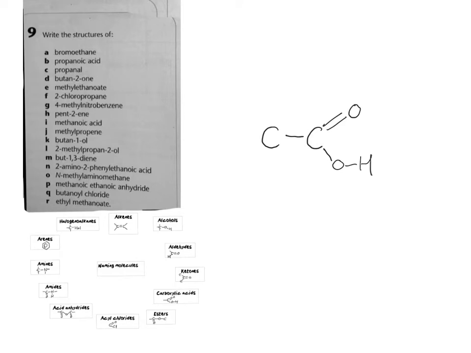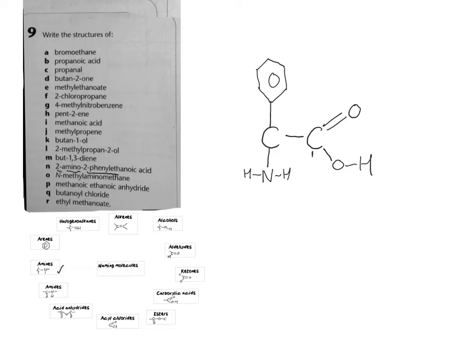If we consider that is carbon number 1 because it's got the main functional group, on carbon 2 we have an amino group, and we know that comes from the amines, so that is NH2. It also has a phenyl group on carbon number 2, and the phenyl group we know is the benzene ring.